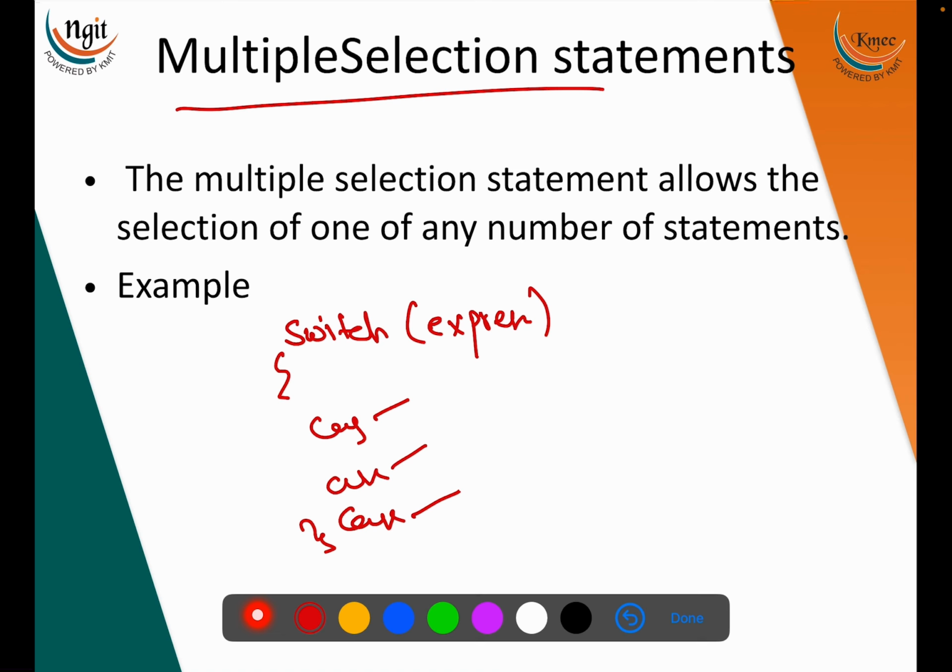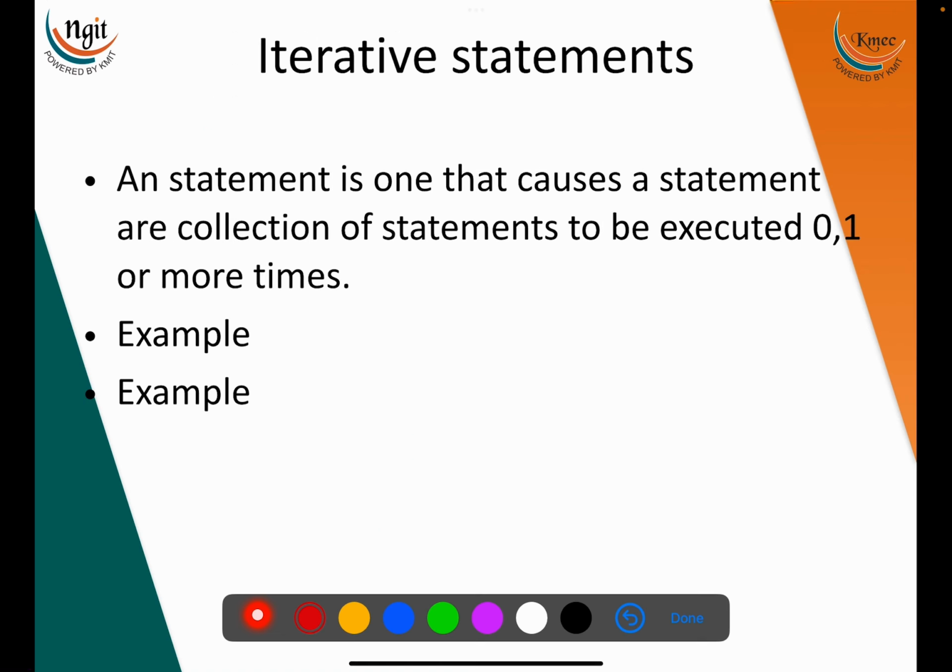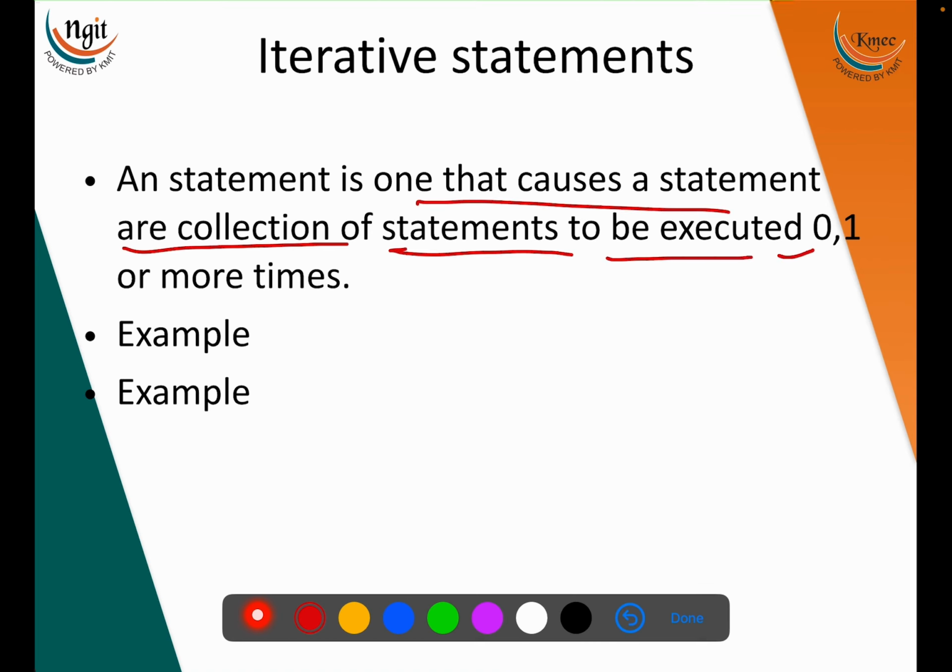Next is the iterative statement, which is also called a loop. An iterative statement is one that causes a statement or collection of statements to be executed zero times, one time, or more times. A task that gets repeated many times is called a loop. Before we see an example, let's understand the design issues: how the iteration is controlled.